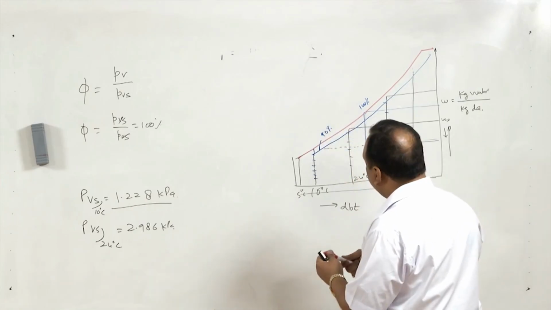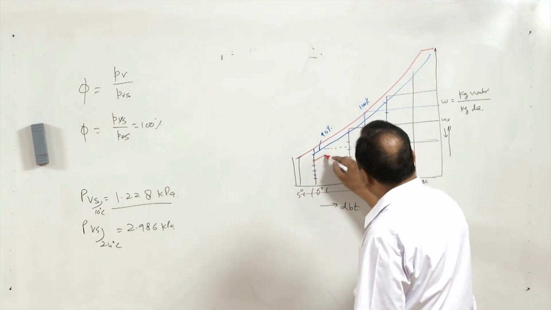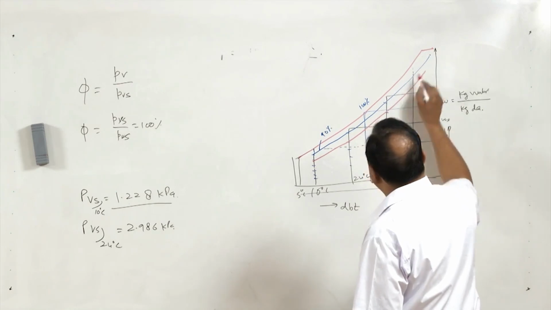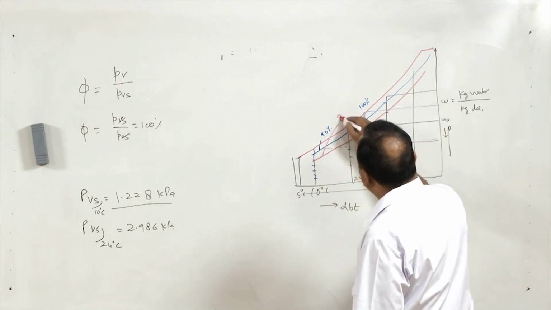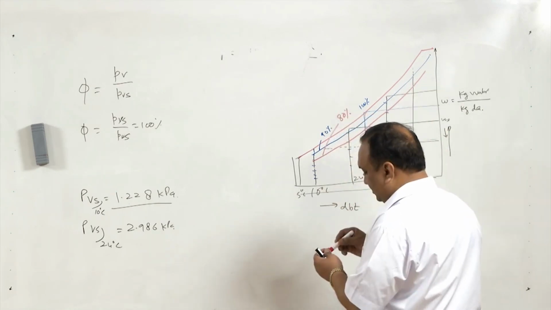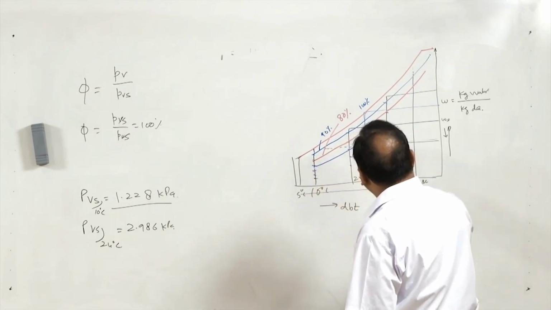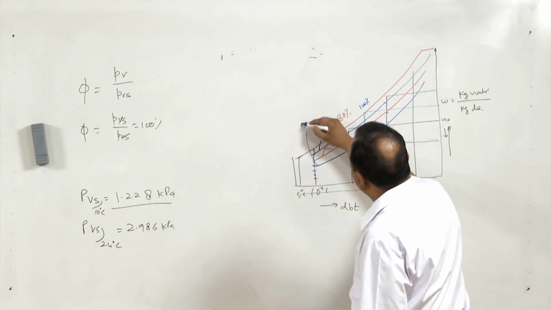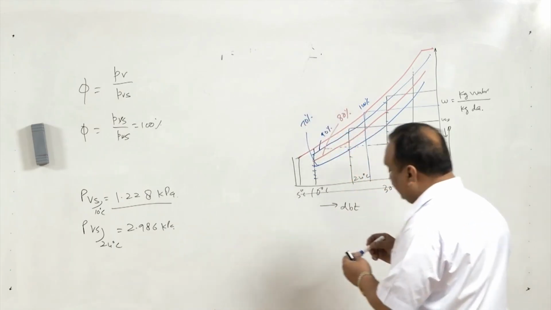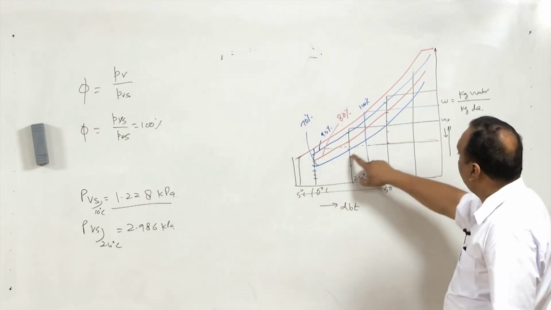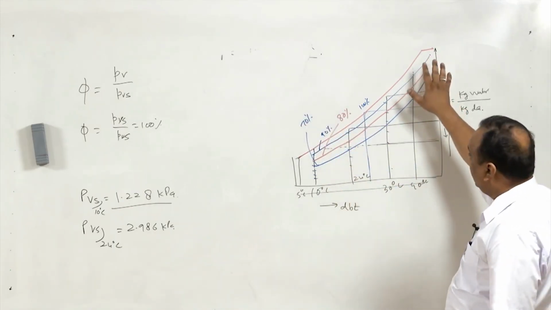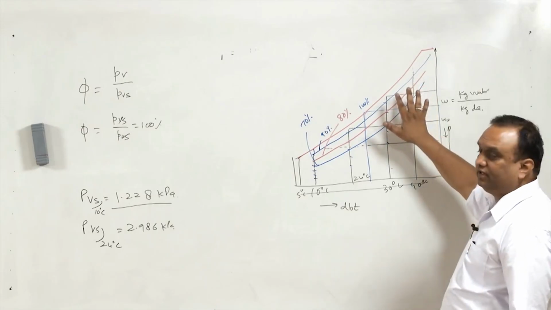Now, if the eighth point is connected for all the vertical lines, that will give 80%. Again, if the seventh is connected, that will give 70% relative humidity. These are constant relative humidity curves. They are shown in the psychrometric chart.